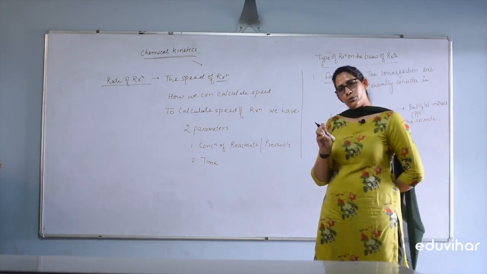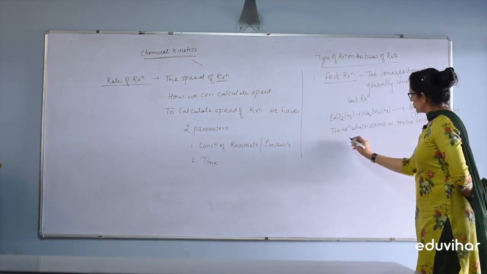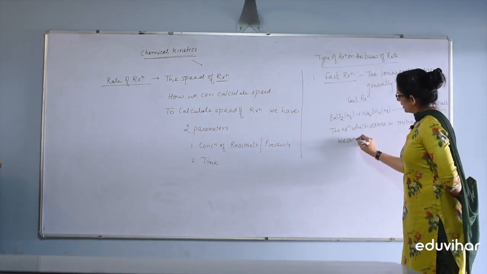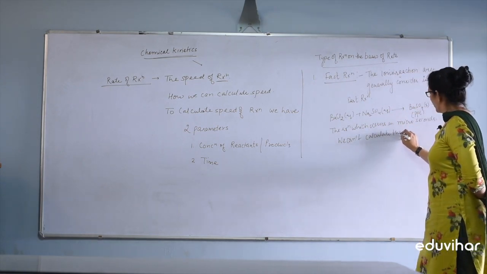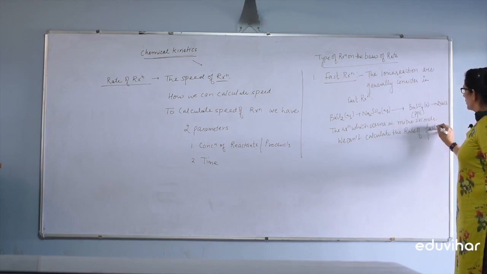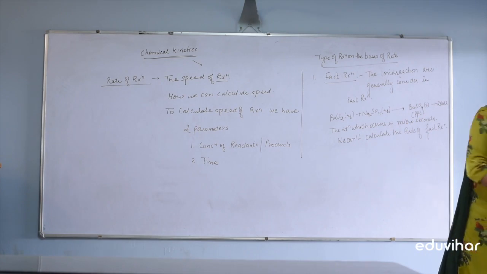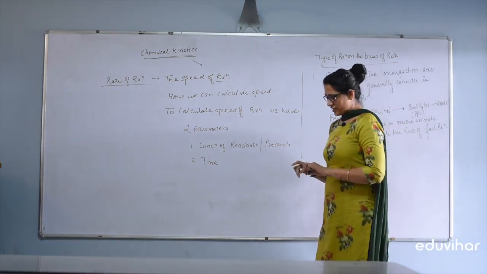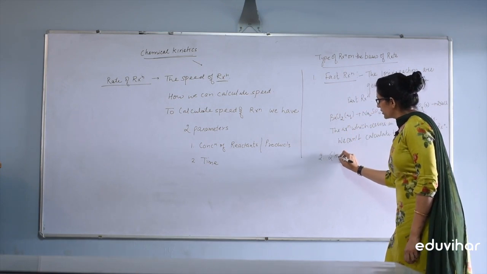So is it possible to calculate the rate of reaction of these reactions? No, we cannot calculate the rate of fast reaction. The second type is slow reaction.